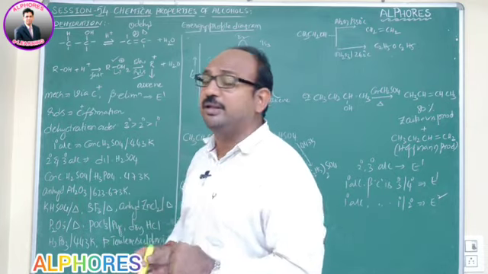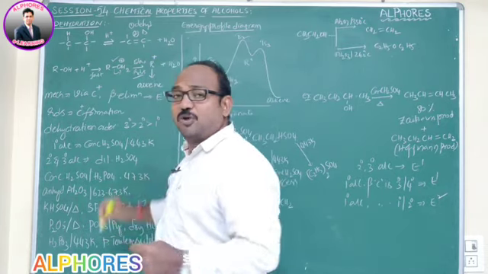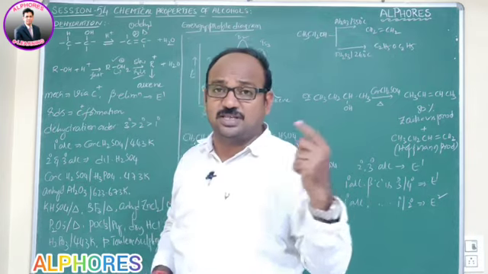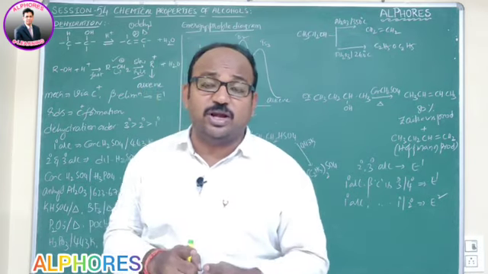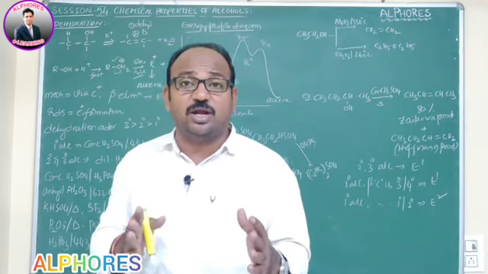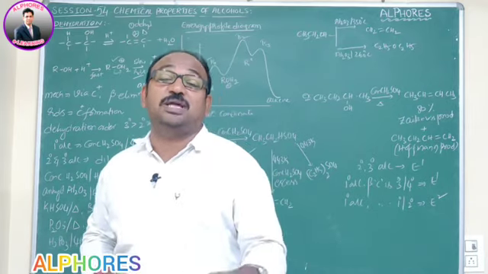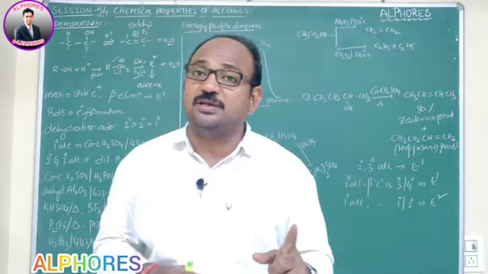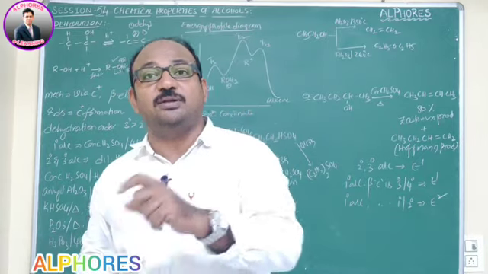Keep that point in your mind. Here carbocation formation is the first step. In previous sessions we learned formation of carbocation is the first step, the slow step, the rate determining step. That is possible in case of either E1 or SN1.